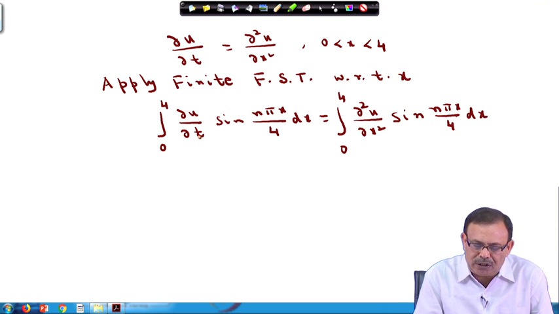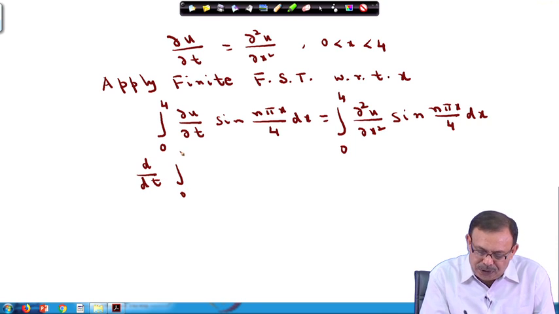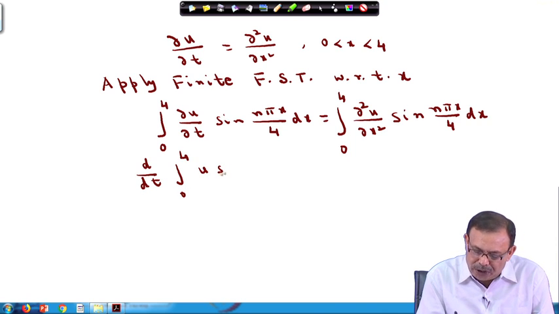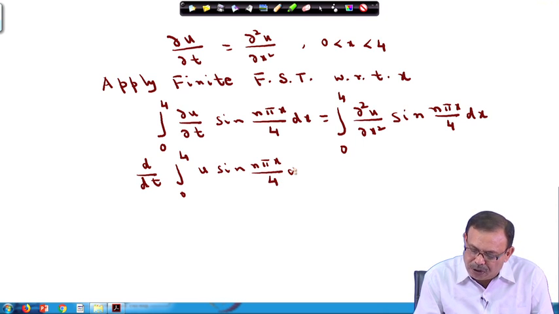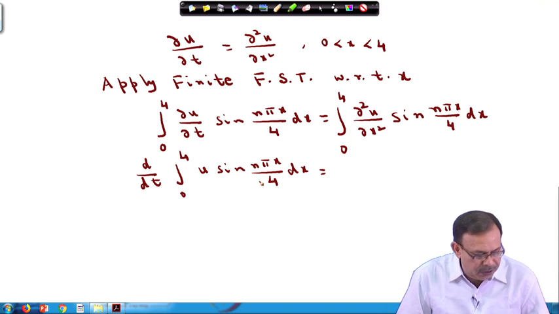Now, del by del t can go outside. Once I take this del t outside, I can bring it outside as d by dt of the integral from 0 to 4 of u sin(n pi x by 4). I am writing d by dt because the limits on the left hand side are independent of t.